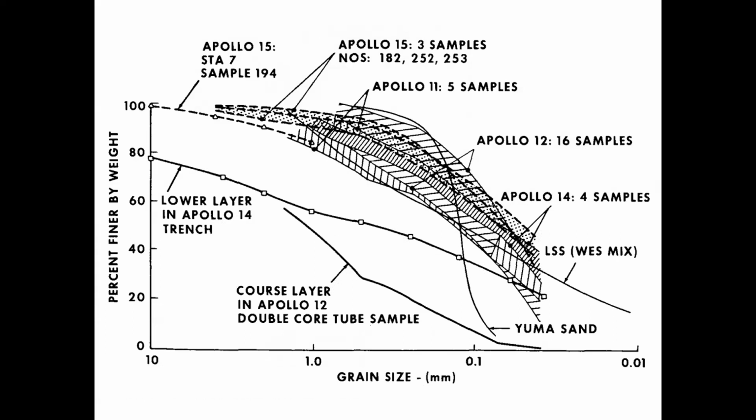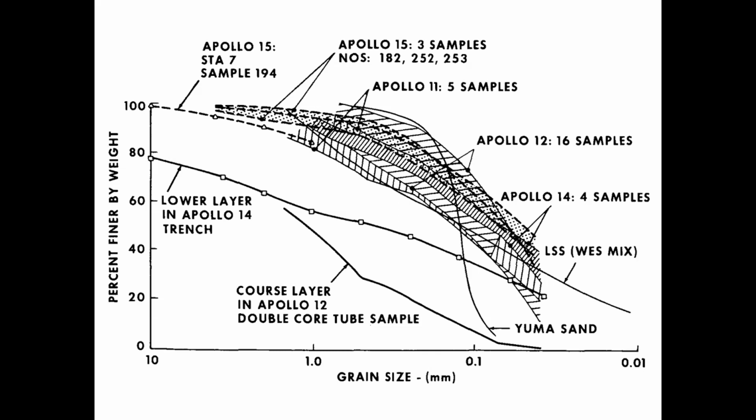And this finely ground basalt had a grain size distribution very similar to that of the Apollo 11 soil samples. This improved simulant was called LSS-WES mix. And you can see both the Yuma sand and the LSS-WES mix in the chart. You can see how much better the LSS mix matched the shape of the Apollo samples also.